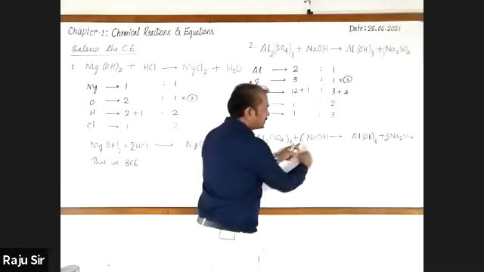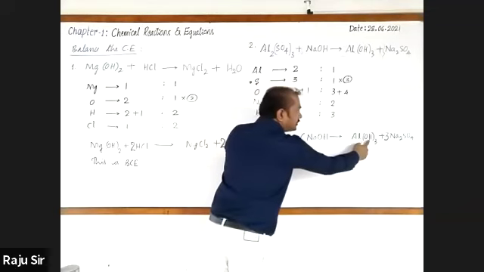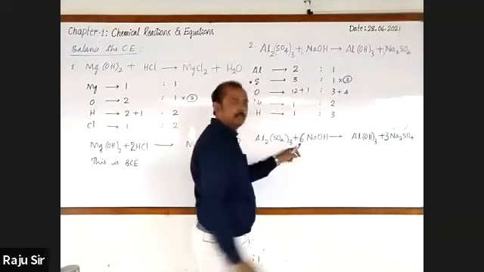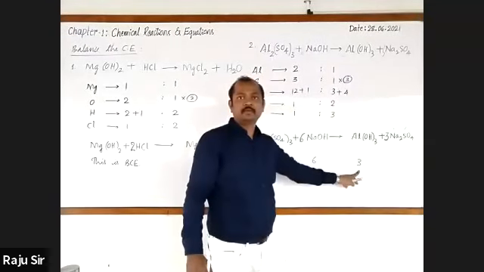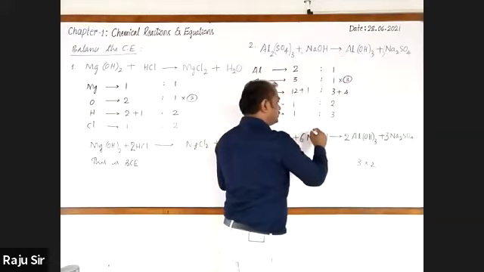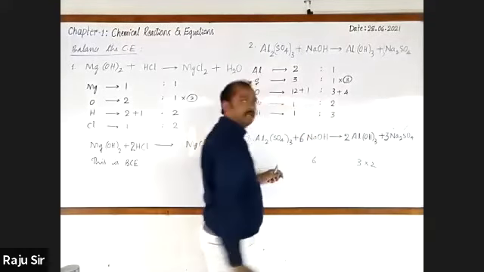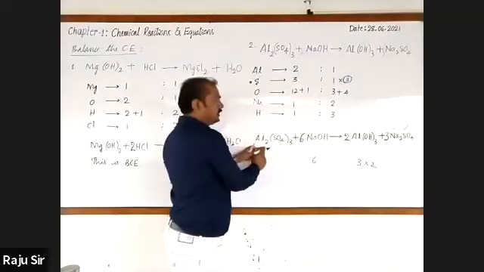Here, 6 atoms of hydrogen. Here, 3 atoms of hydrogen. Here 6, here 3. What should be multiplied here? 2. I'll write 2 here. Now, sodium is balanced, sulfur is balanced, then hydrogen is balanced. Next, aluminium. See, 2 atoms of aluminium. Here is already 2 atoms.